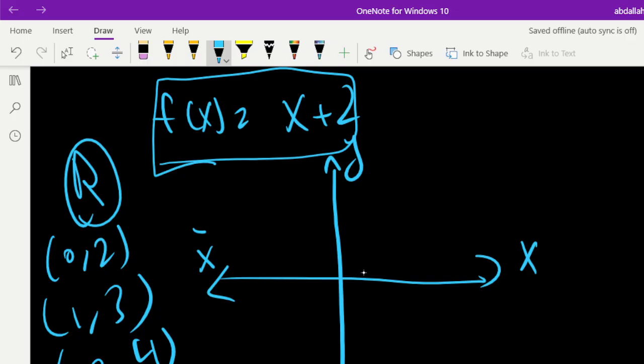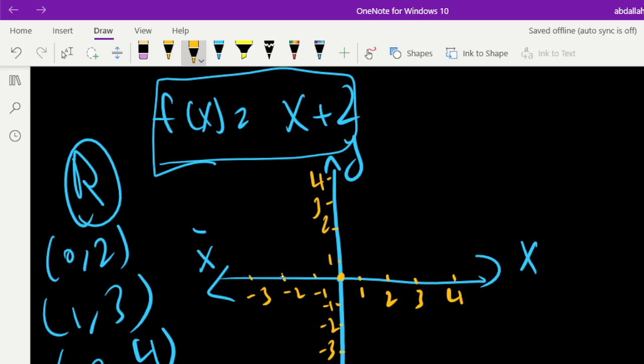We have the origin point, 0 and 0. Then 1, 2, 3, 4. Here minus 1, minus 2, minus 3, and for y minus 1, minus 2, minus 3. Here 1, 2, 3, 4.